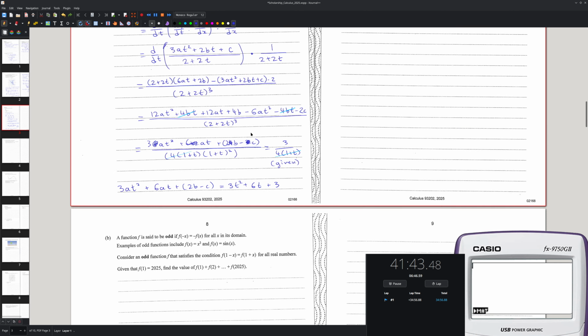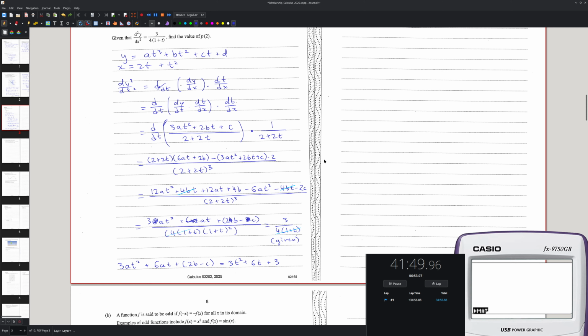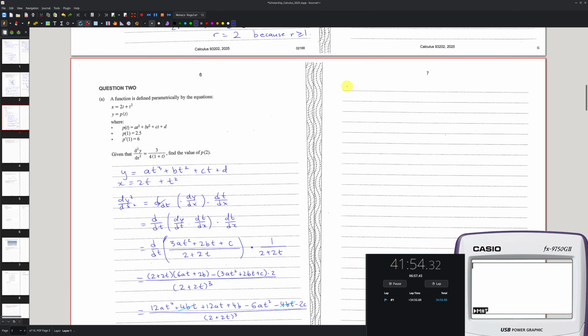Wait. Oh! Okay, this is winnable. So by comparing coefficients, a equals 1 and 2b minus c equals 3.